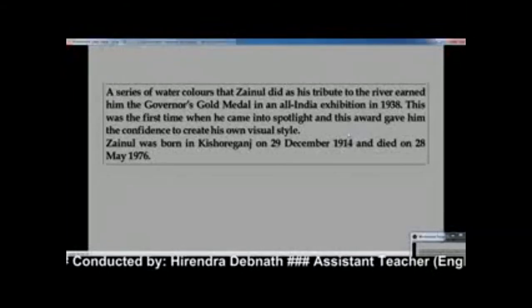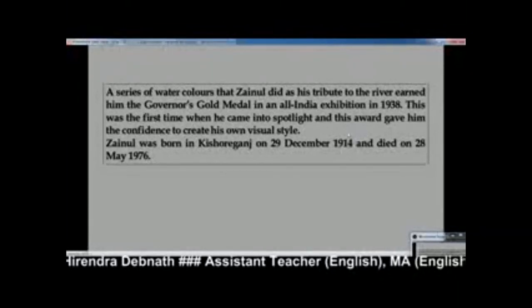That means in his drawings he used a lot of watercolors to show his tribute to the river, and for this reason he earned a lot of reputation. He won the governor's gold medal in an exhibition named All India Exhibition in 1938.